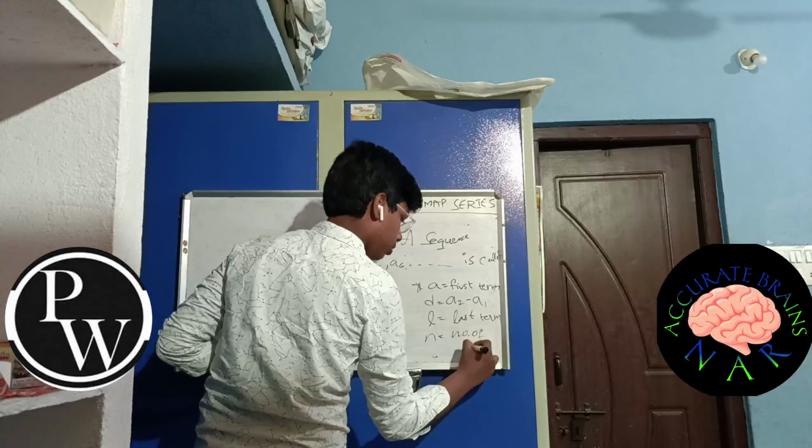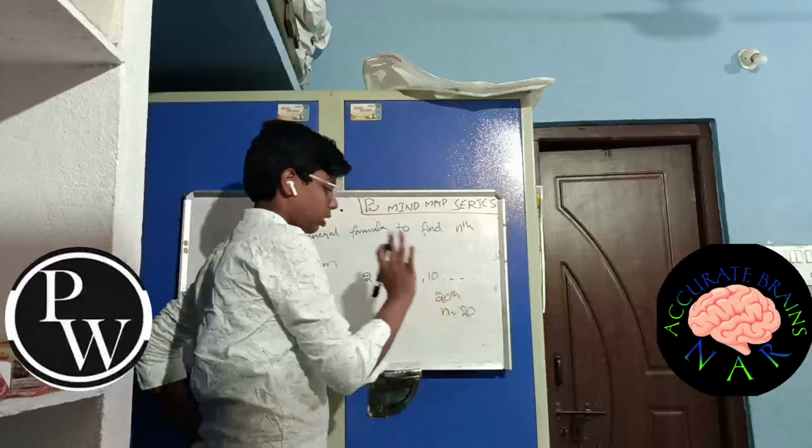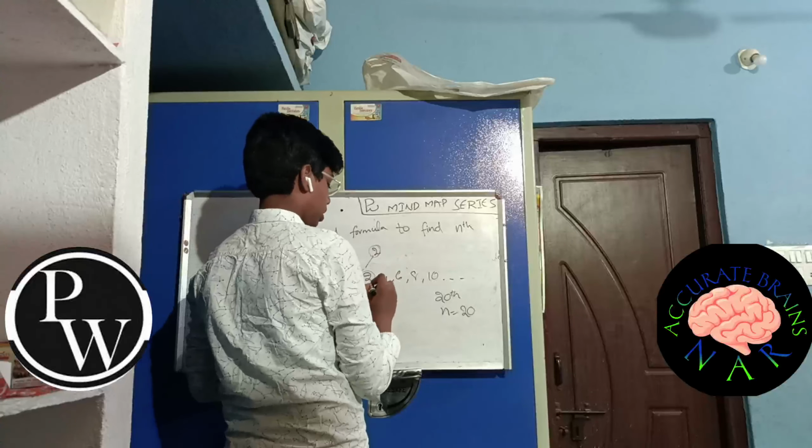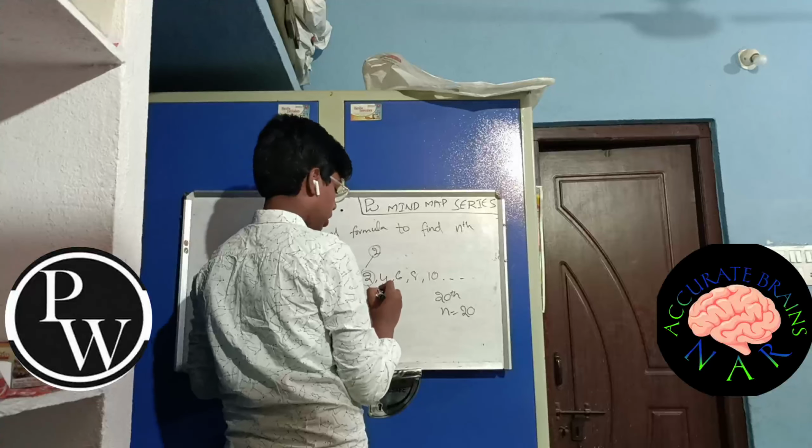If we have to find the sixth term in a series, for example, take the same example: 2, 4, 6, 8, 10 and so on. If we have to find the 20th term in this sequence, n equals 20, a equals 2 and d equals 4 minus 2, which is 2.